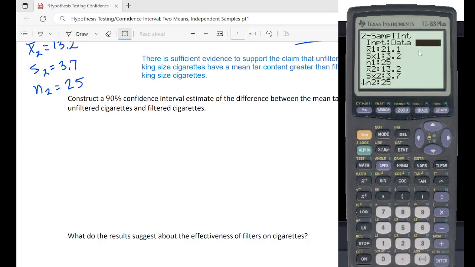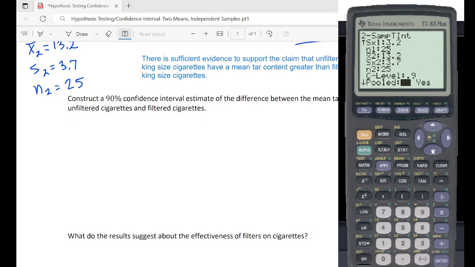And again, we use Stats, and all the information here should be the exact same. It's all done for us, but if it's not, just type it in. The only thing you need to be aware of is the C-level, the confidence level. We are constructing a 90% confidence interval, so we want 0.9 or 0.90.